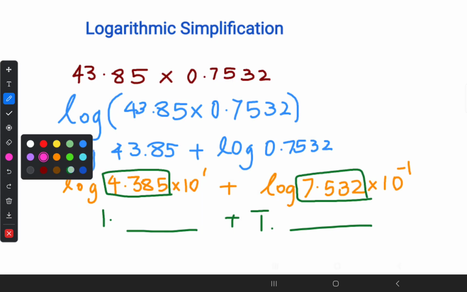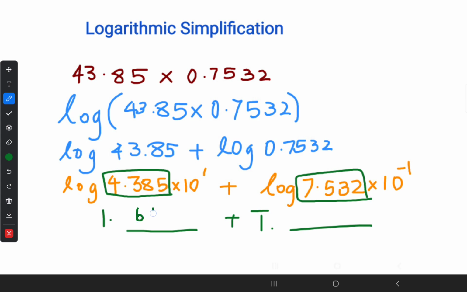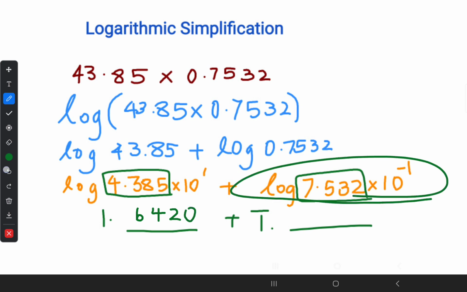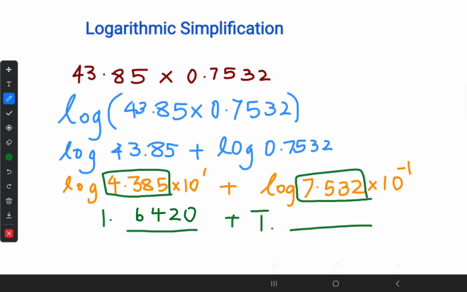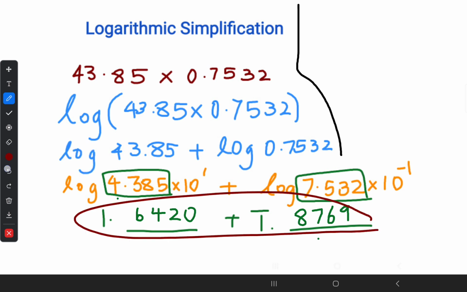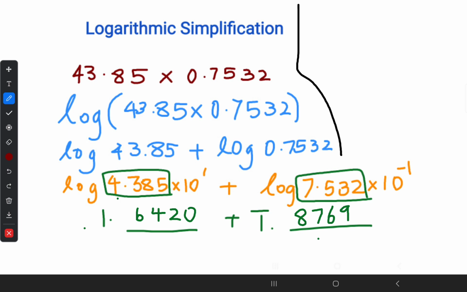Now we know each value. So it is 1.6420, and for the next logarithmic value, bar 1.8769. These are the values we found. Now we have logarithmic values. So you should do the operation between them. That means just addition and subtraction.